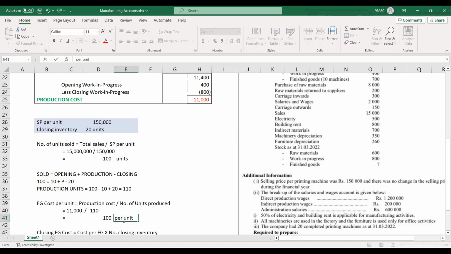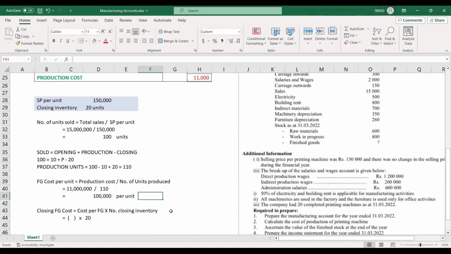Per unit. 100 rupees per unit. Actually, not 100 rupees, 100,000, right? 100,000 per unit. Very risky business. This is, yeah, it's actually 11 million. Right? It is 100,000 rupees per unit. And that's how much they're spending per unit.